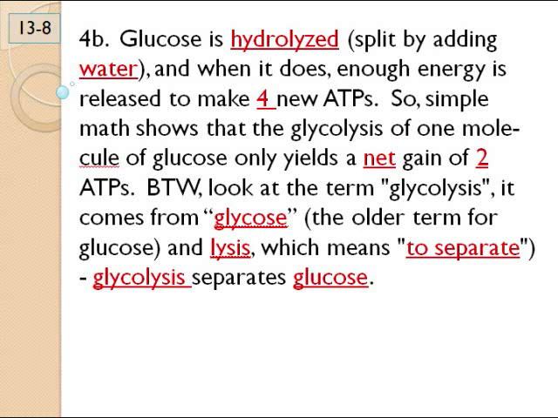Hydrolysis, what's hydro mean? Water. So you split by adding water. So that's the term glycolysis. It just means split glucose. And in doing that, I'm going to gain some ATP. Not a lot, but enough to keep me living for a little while.